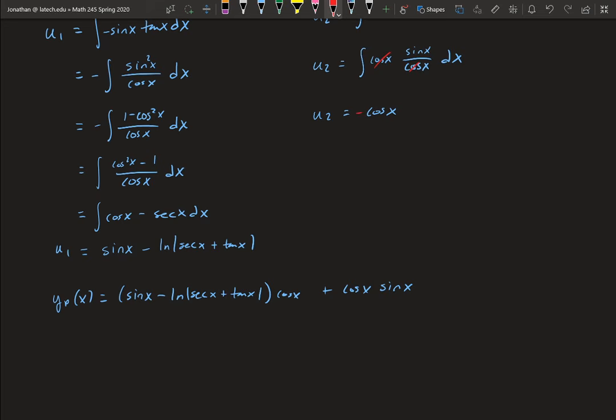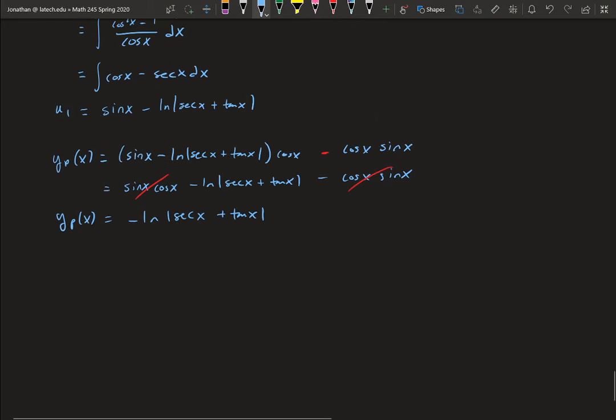This is a negative cosine, right? The integral of sine is negative cosine, so that makes this a negative right here. So this is going to be sine x cosine x minus natural log absolute value secant x plus tangent x, minus cosine x sine x. So these cancel, and we get just negative natural log absolute value secant x plus tangent x for yp.